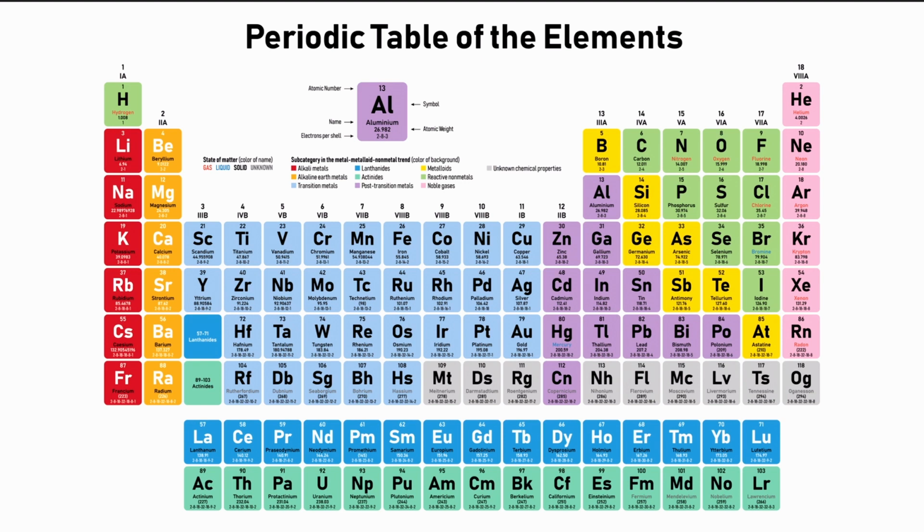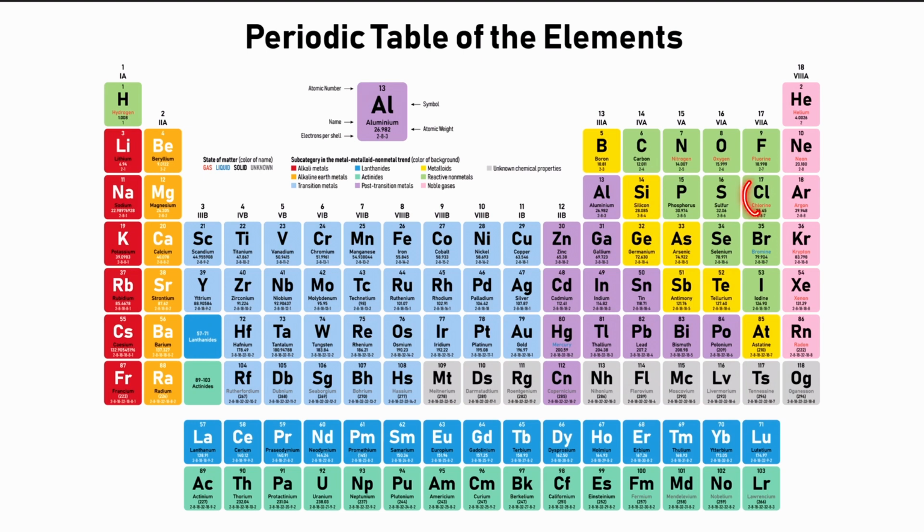Let's take, for instance, chlorine. Chlorine is in group 7, which means it's just shy of 1 electron to acquire a total of 8 outer shell electrons.